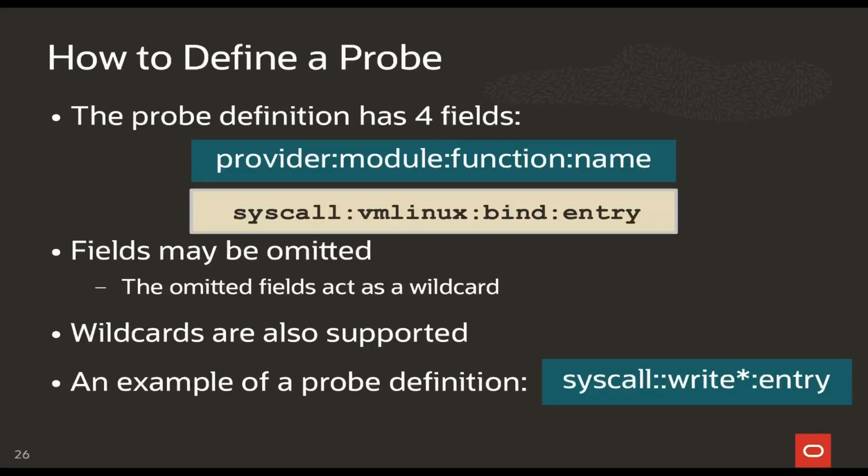But what I do want to see is every function where the name starts with write. That's what write star means. Every function starting with write should be probed. And what do I want to probe? I want to probe the entry into those functions. That will give me access to potentially a lot of probes because of the star and the wildcard. Very, very powerful, very flexible.